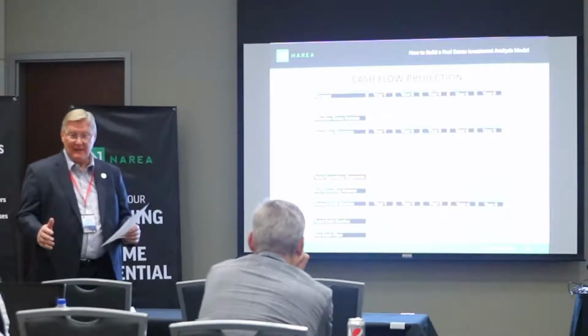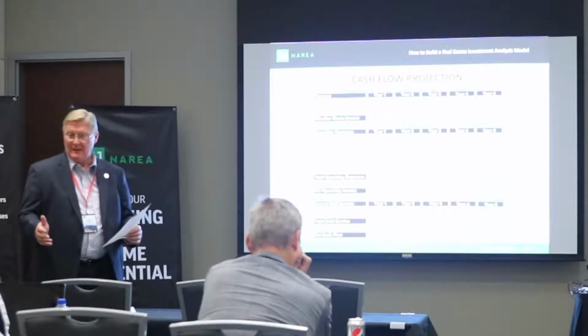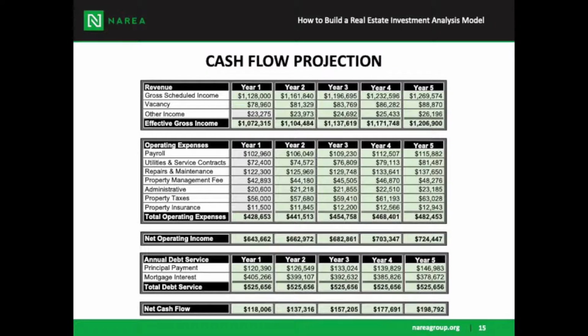Okay, and they're not the same, and the reason they're not the same is because you can deduct your mortgage payment from your taxes. You know they've got a limitation on residential property, but on commercial property, of which this is one, there's no limitation on the amount of mortgage you can deduct on your property.